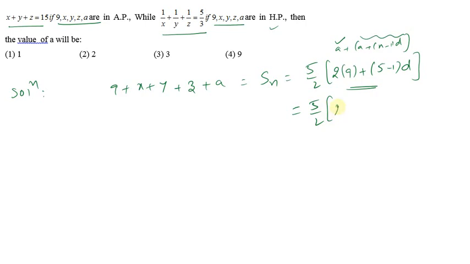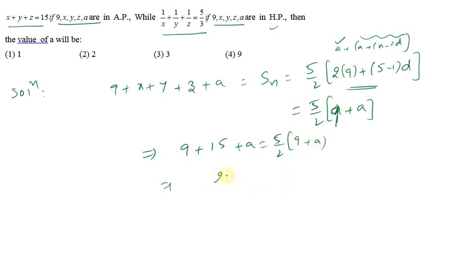Okay, so let me use this. You are getting 9 plus a. If you are using this, I think you are able to get it directly. Why? Because you have to calculate this a value, since x plus y plus z is given. Okay, proceed. This implies 9 plus the already given value 15 plus a is equal to 5 by 2 into the first term, which is 9, plus a.